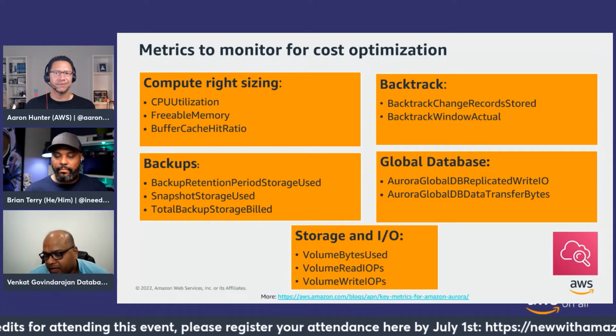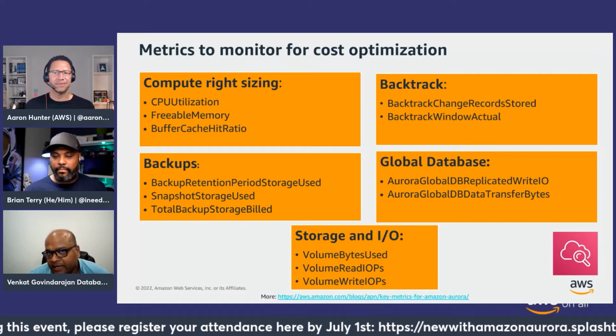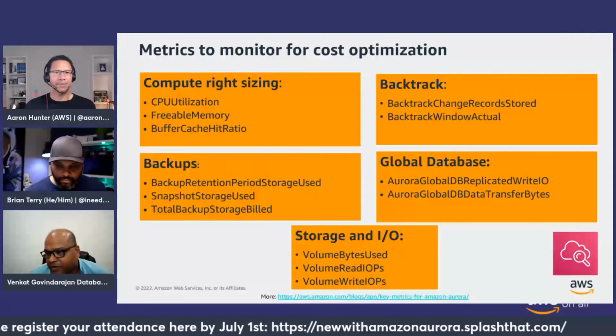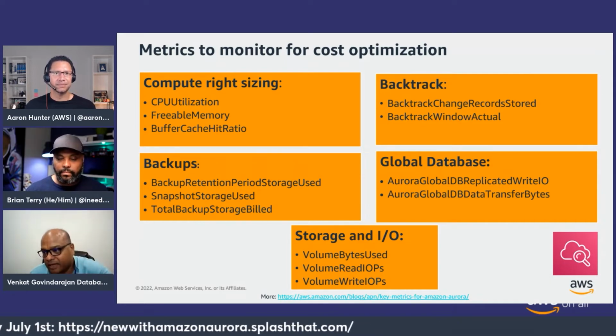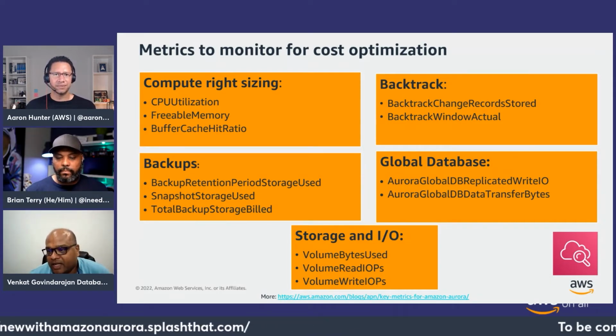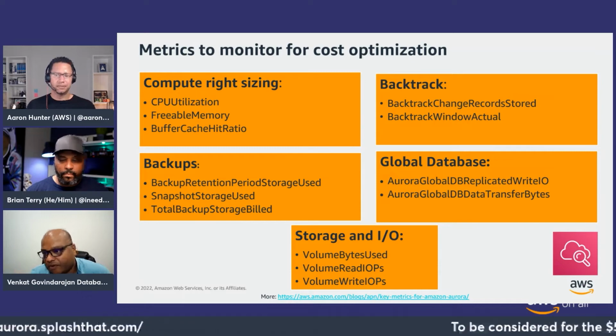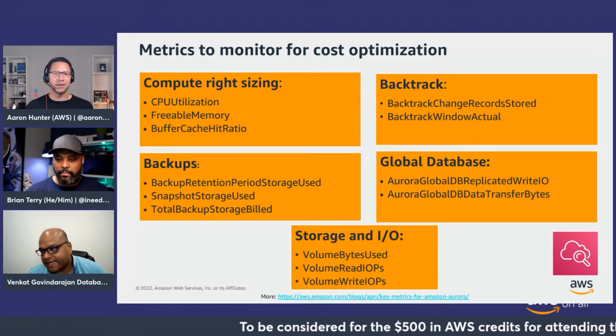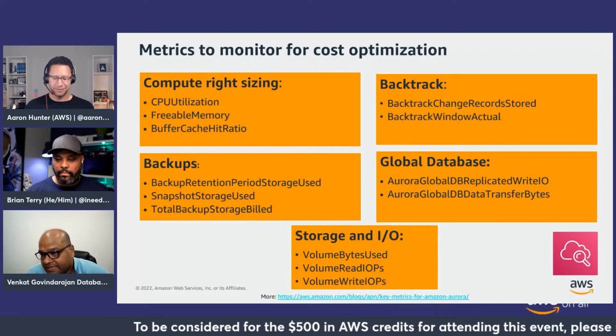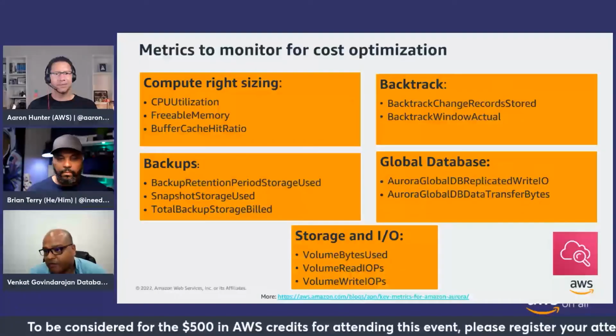And one other trick I'll tell you is, when you see the buffer cache hit ratio graph going down, you will see the read IOPS graph going up. There's typically a direct correlation between them. So basically, you want to keep off those anomalies.